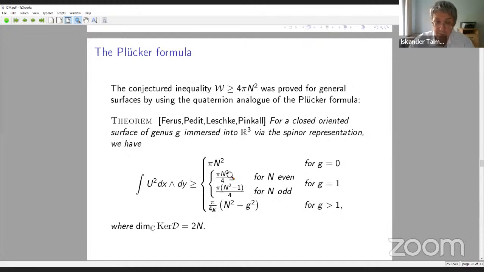For tori, it appears there are two different cases: n even and n odd. In the first case, it's πn² over 2. In the second, π(n² − 1) over 4. And in the last line, you see the inequality which was proved for surfaces of genera greater than 1.